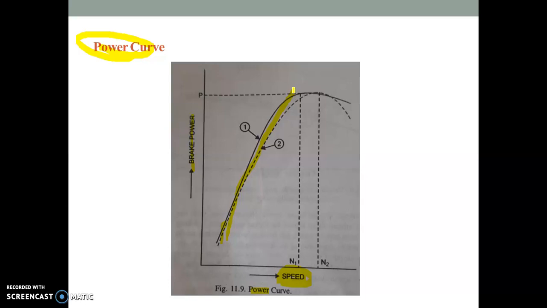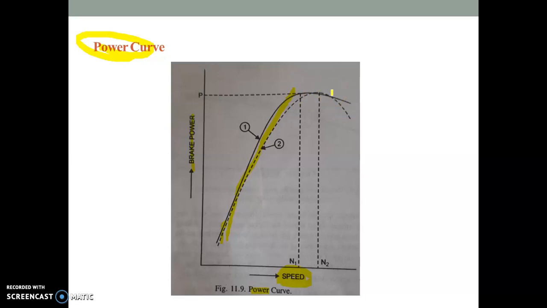However, with the increase in the engine speed, the friction losses also increase while the volumetric efficiency decreases. Thus both these factors contribute to decrease the output with the increase in speed. Thus the combined effect is that the slope of the power curve goes on decreasing.